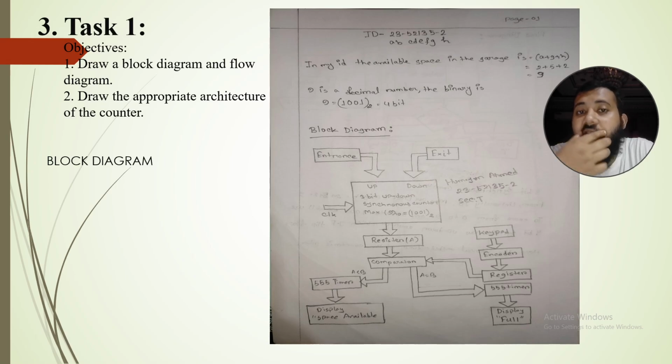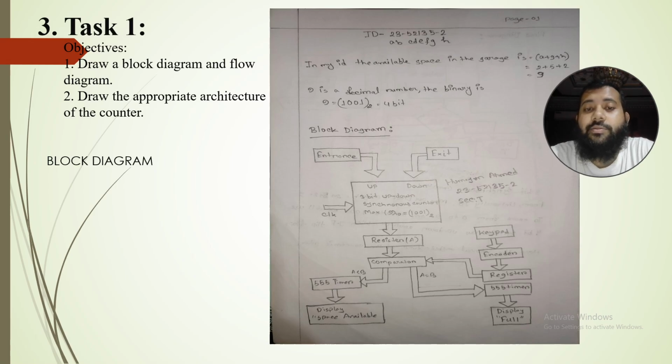In my ID the available space in the garage is AGAS, which is 2 plus 5 plus 2, that's 9, and 9 is the maximum capacity of this garage. The decimal number 9 in binary is 1001, which represents 4 bits.